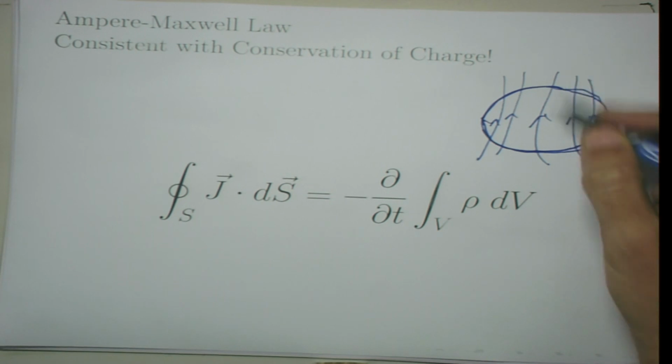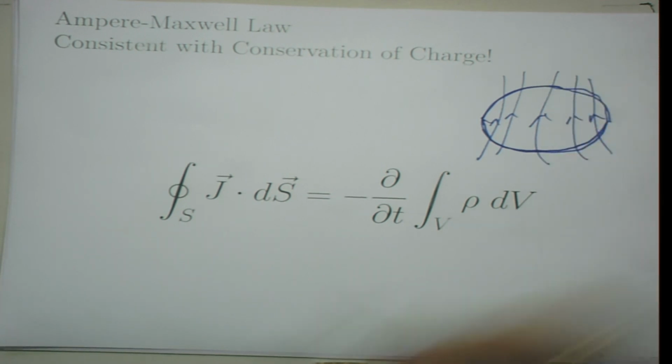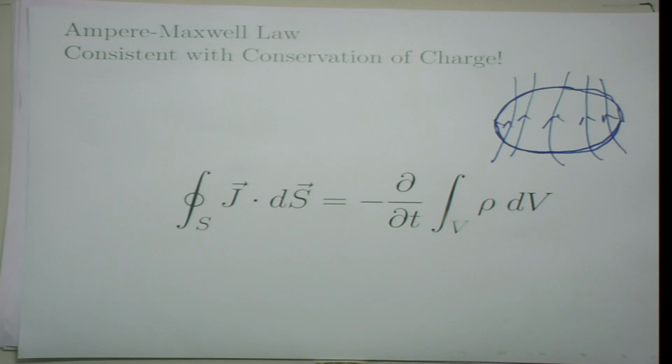If there is a net value to this J dot ds, which is the total current entering a closed surface, it is equal to the amount of charge building up inside the surface. So, it is a restatement of the conservation of charge. You can't just have charge being created, it has to come from somewhere. So, this is the law of conservation of charge, and the Ampere-Maxwell law is consistent with it.